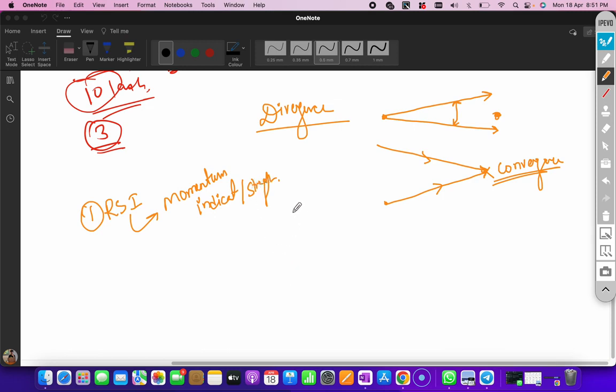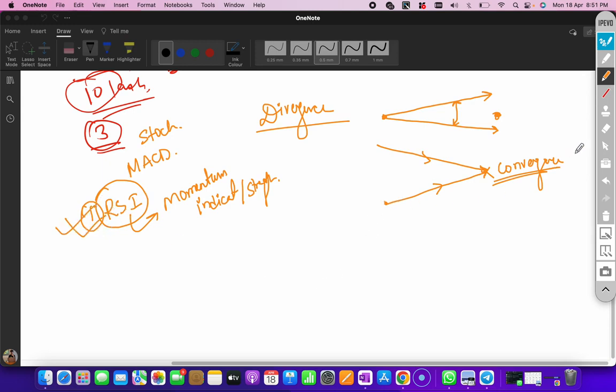Whenever we need to look at divergence, we will definitely require some sort of momentum indicator, for example RSI, MACD, and stochastics. These are indicators used to spot divergence, but the heavily used indicator is RSI.